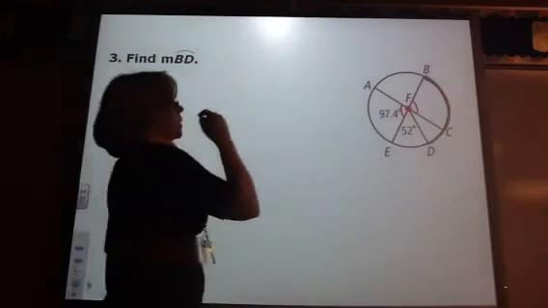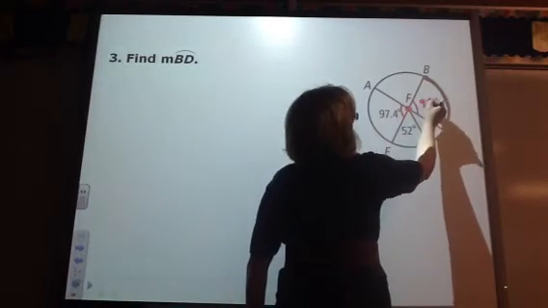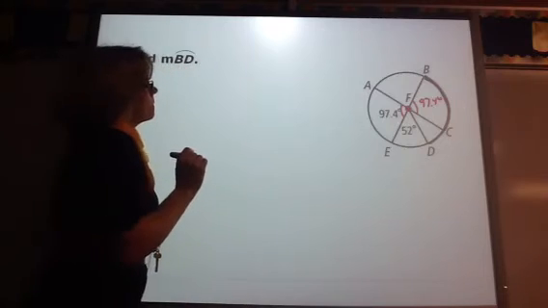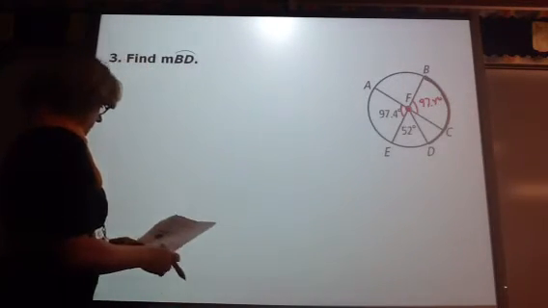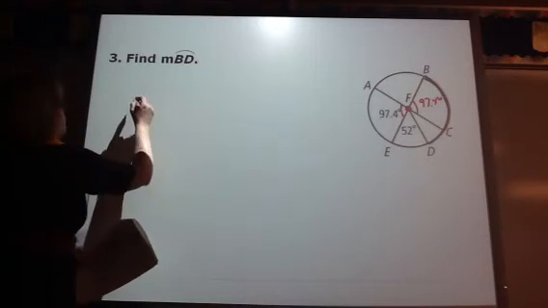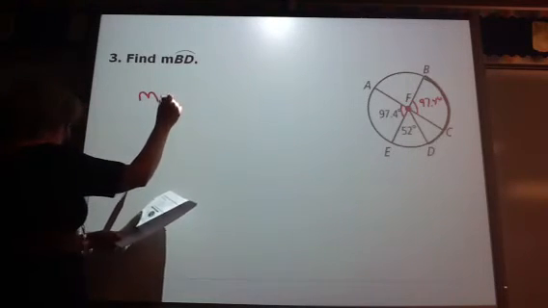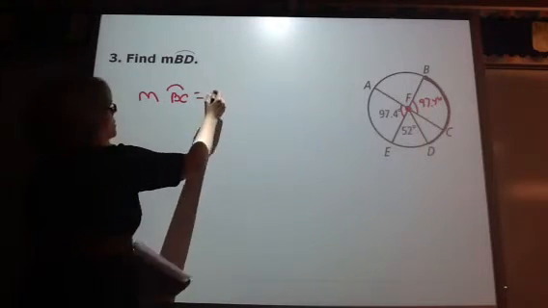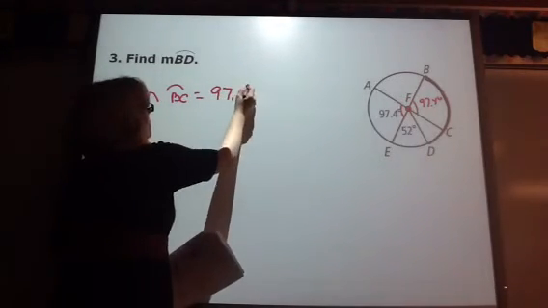So this right here would also be 97.4 degrees. So measurement of arc BC equals 97.4 degrees.